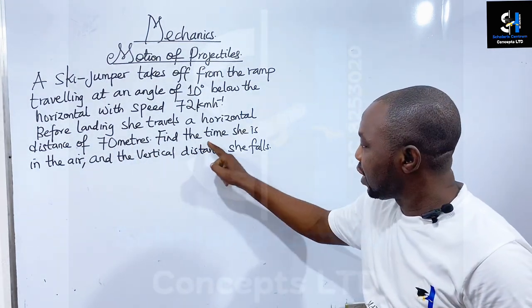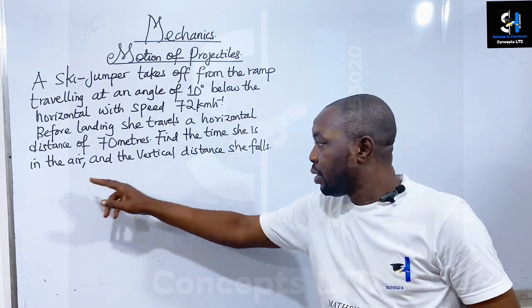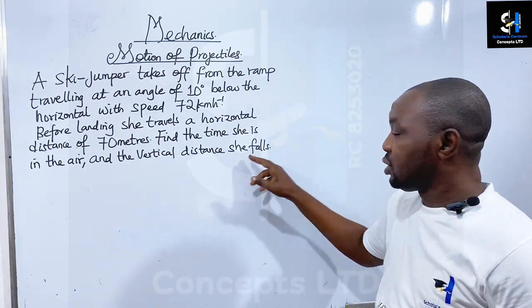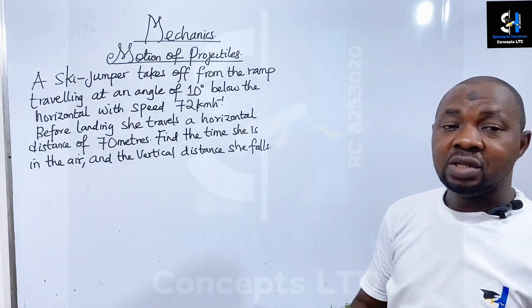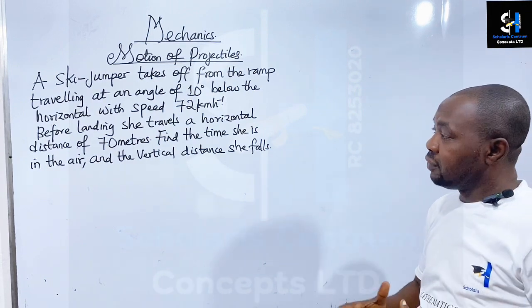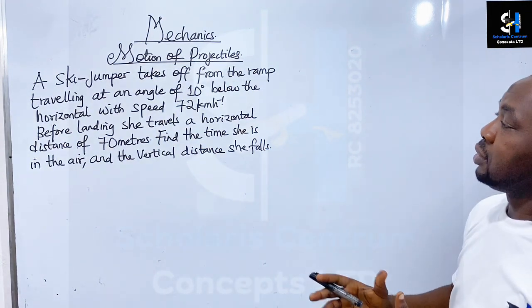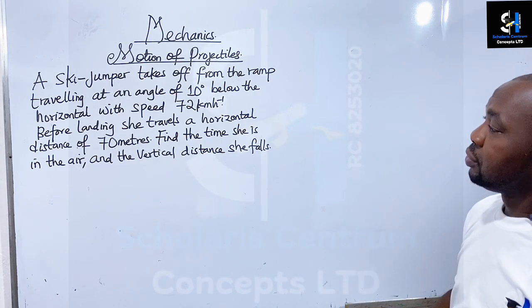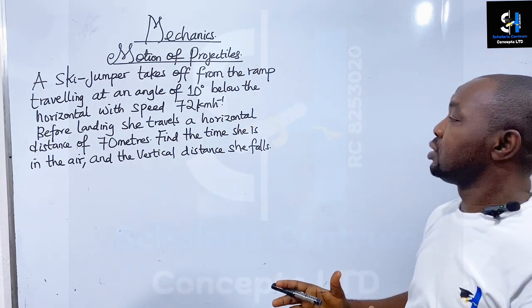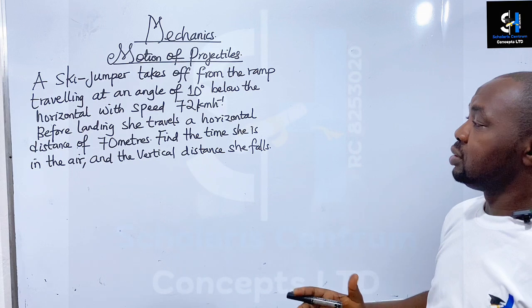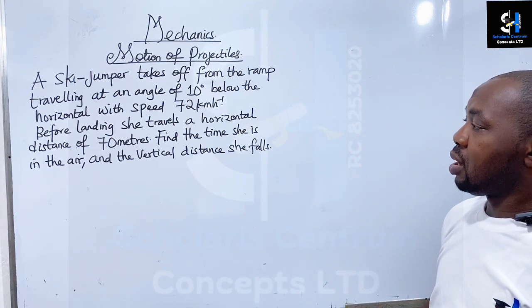First, we are asked to find the time she's in the air and the vertical distance she falls. A ski jumper takes off from the ramp traveling at an angle of 10 degrees below the horizontal with speed 72 kilometers per hour.